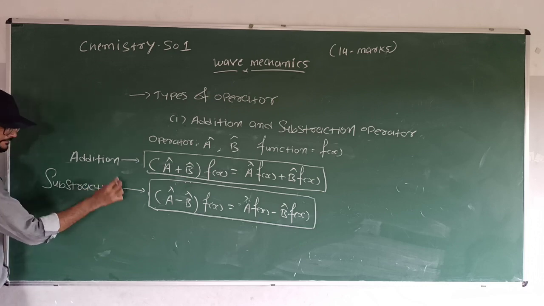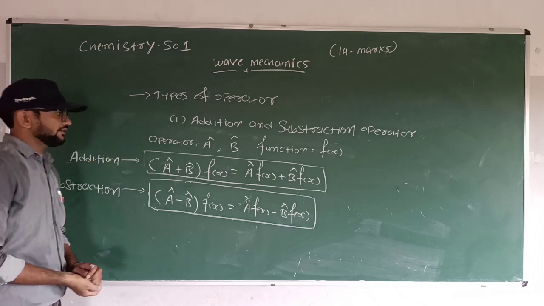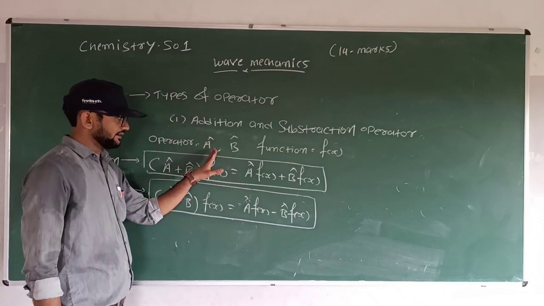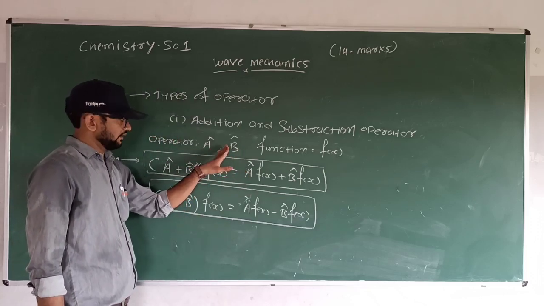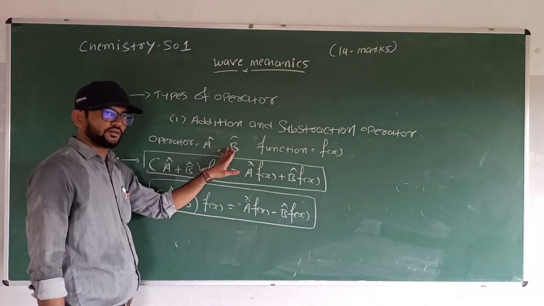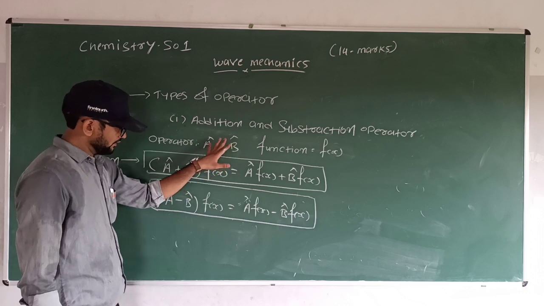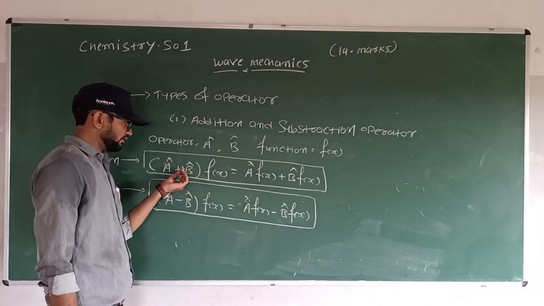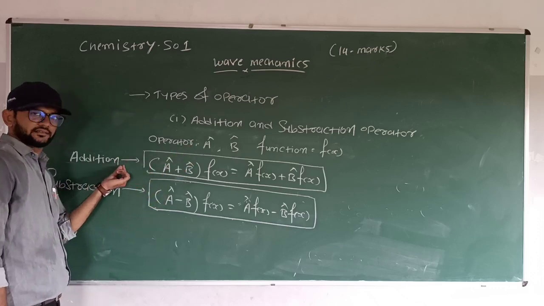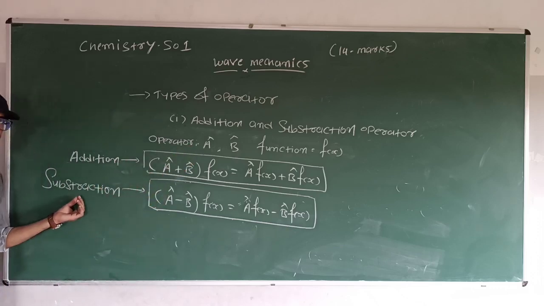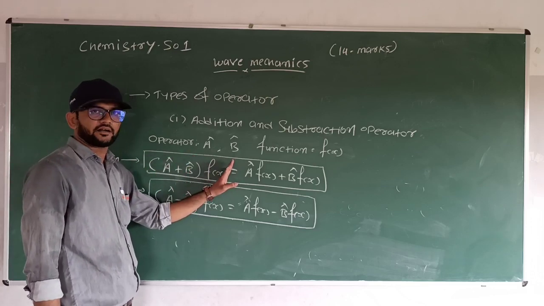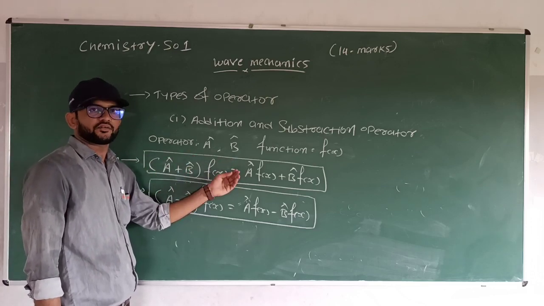In a question, if two operators are given, first A and second B, and you are asked to prove whether both operators are additive or not, then if the two operators follow this condition, they are additive.